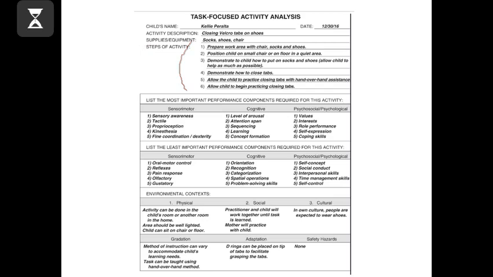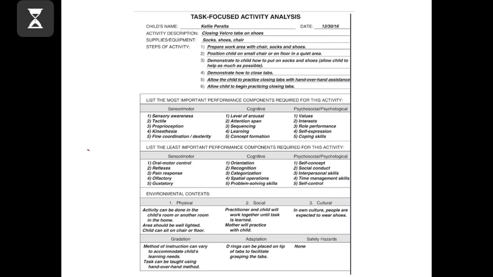In this method of task focused activity analysis, they list the most important performance components. And I'm just going to share that they talked about sensory, motor, cognitive, and psychosocial. Number 1 in each of those areas. So sensory motor was sensory awareness, cognition is level of arousal, and psychosocial is the values.